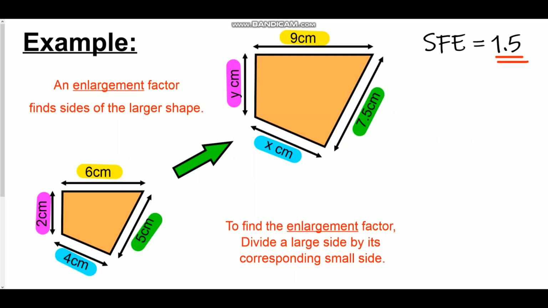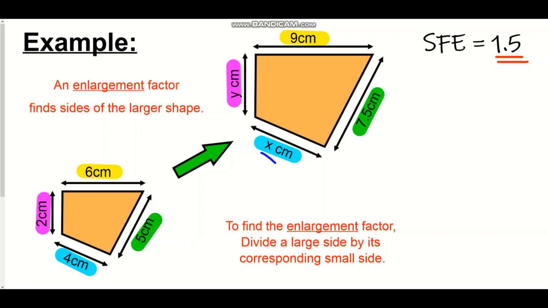Right, so I want to take this idea a step further now. In our first example, we found that this orange shape had a scale factor enlargement of 1.5, meaning that everything on the left-hand side shape, if you multiplied those by 1.5, you would get what was on the right-hand side shape. I've taken this a step further by adding in a couple of unknown sides now.